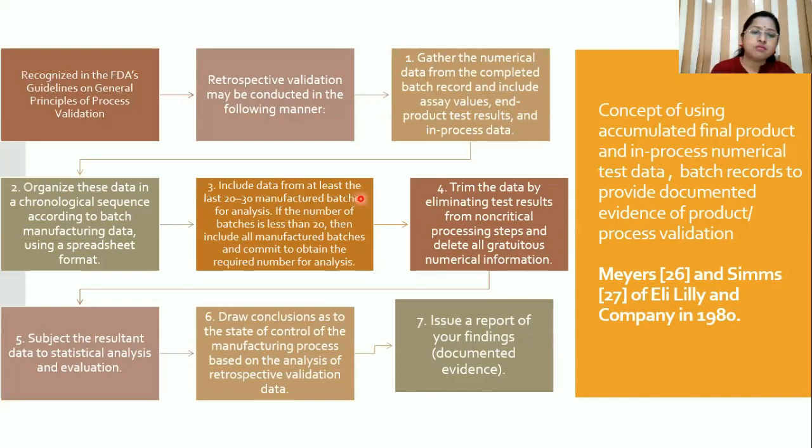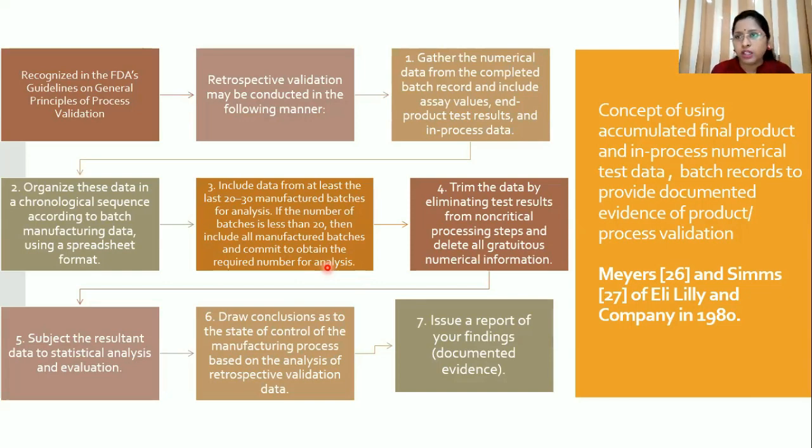If the number of batches is less than 20, then include all manufactured batches and commit to obtaining the required number for analysis. Like in the same example I used to repeat, when I have a 10 lakh tablets batch, I have only 10 batches of 1 lakh each. At that time I have to take all the batches.